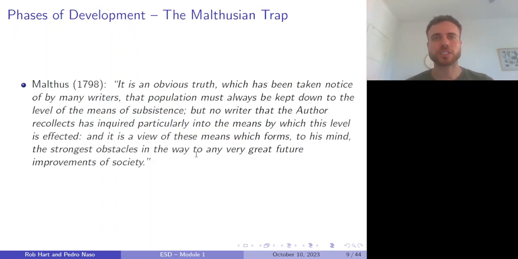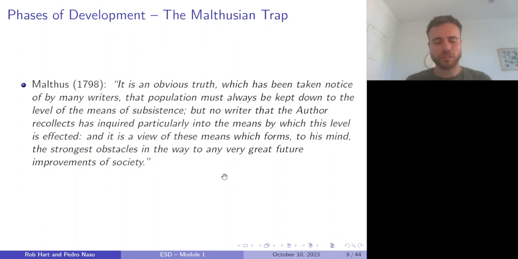So the first phase of development is characterized by what is usually called the Malthusian trap. Malthus famously wrote that population must always be kept down to the level of the means of subsistence. This is the quote I copied and pasted here. His idea was very simple and explained the world very well before the Industrial Revolution.